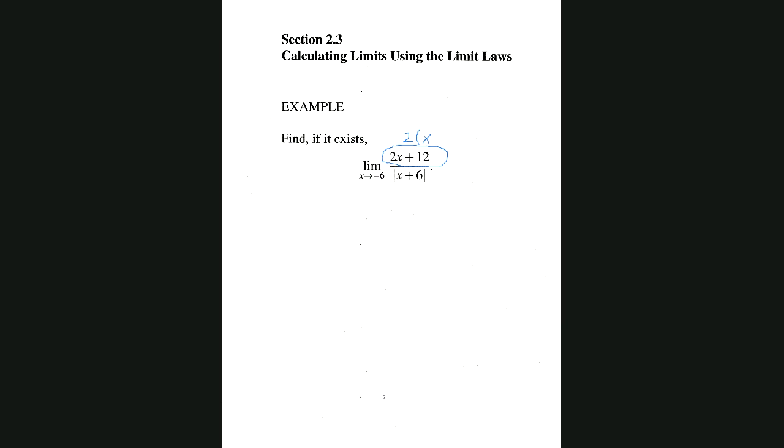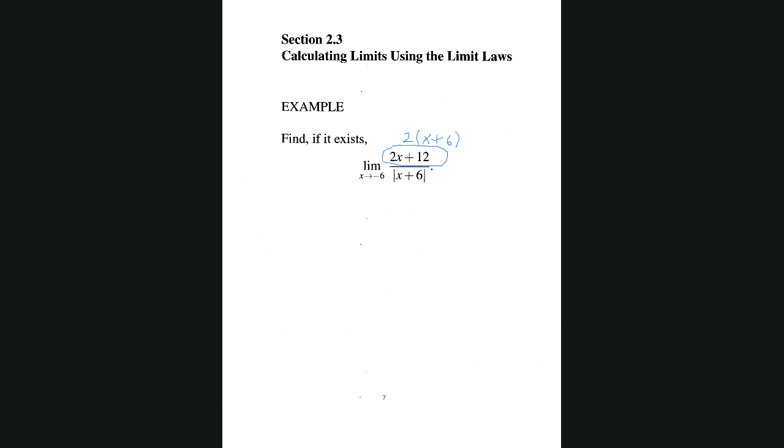Of course, John notes that this function is not defined at x equals -6, and that's true. But that doesn't mean the limit can't exist. The limit maybe exists and maybe it doesn't.